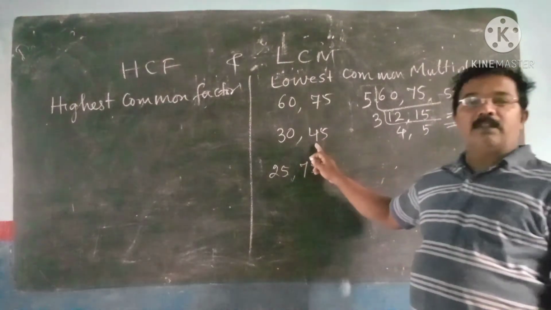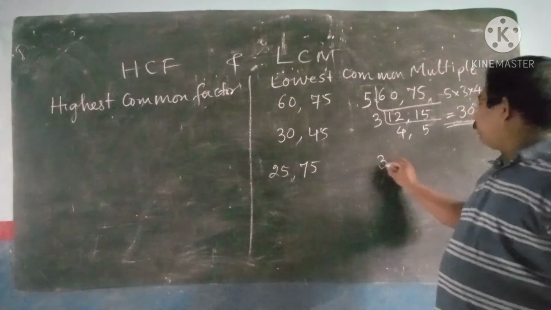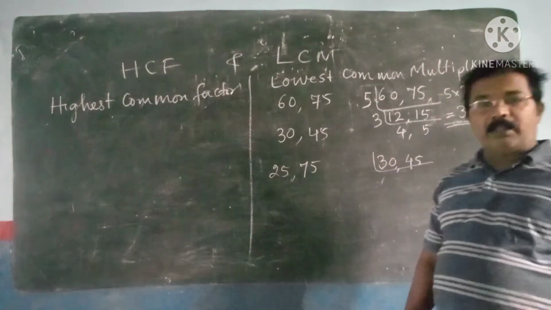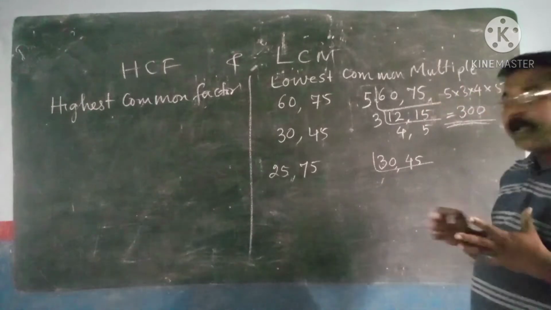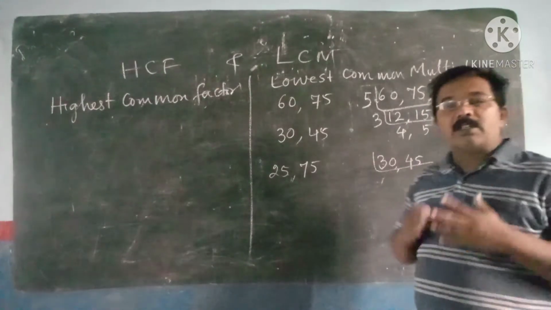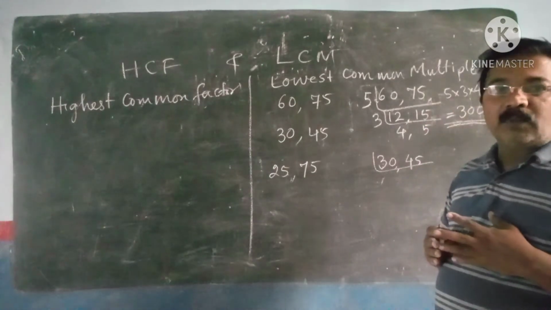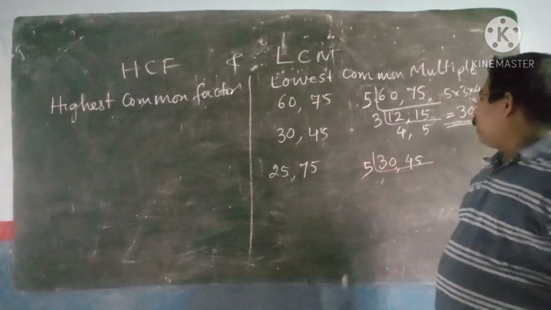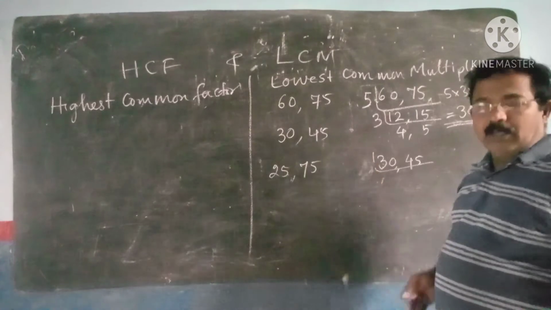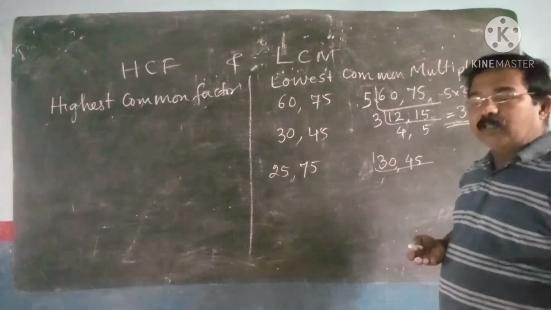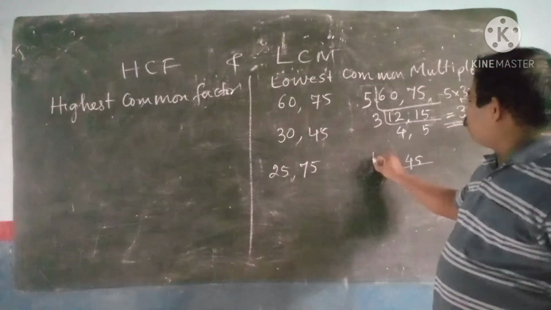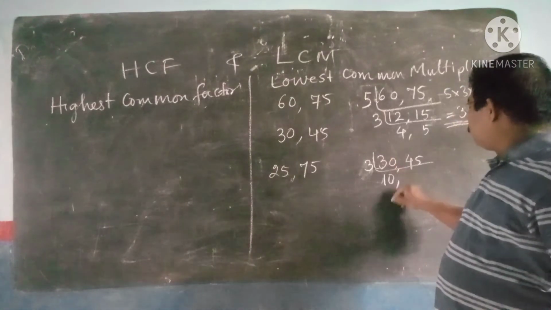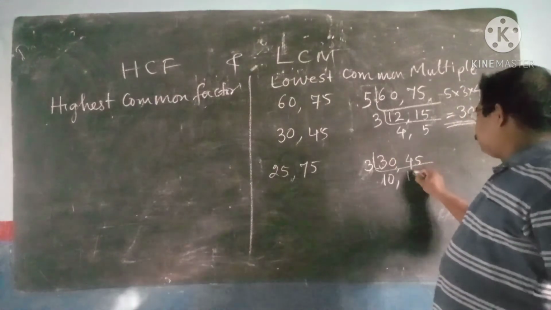Now let us take the numbers 30 and 45. How can we find the LCM? You divide these numbers by a common number. For example, 5. It is better to divide with the lowest number, so we can start with 3. 10, now it is 15.